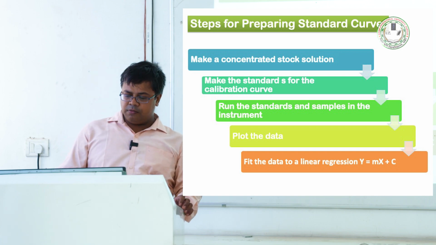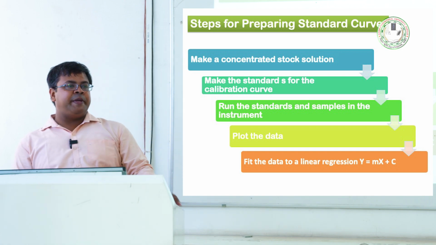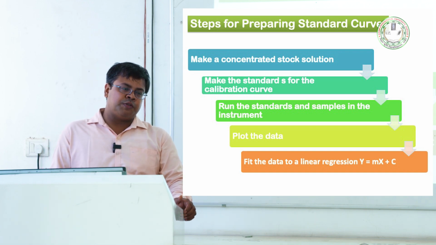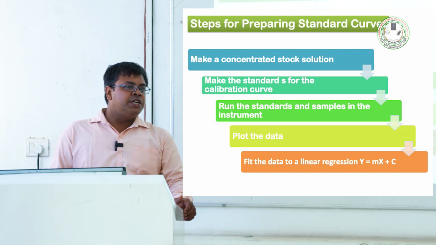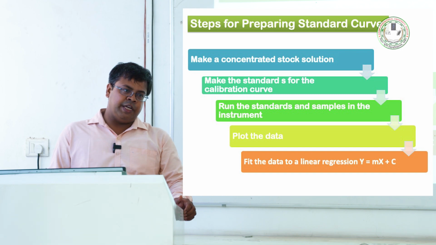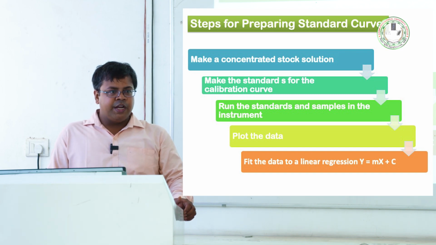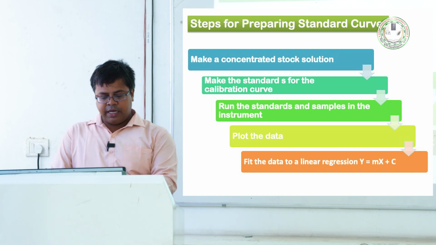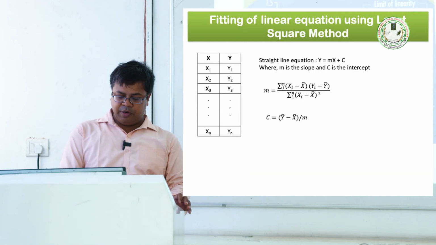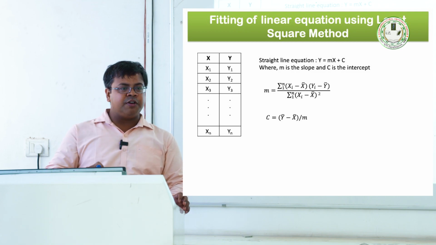Okay, now once we prepare the working solutions, correspondingly we will take the readings in a particular instrument. It may be a flame photometer, it may be a spectrophotometer. Okay, now once we get the data, we will get a series of data.